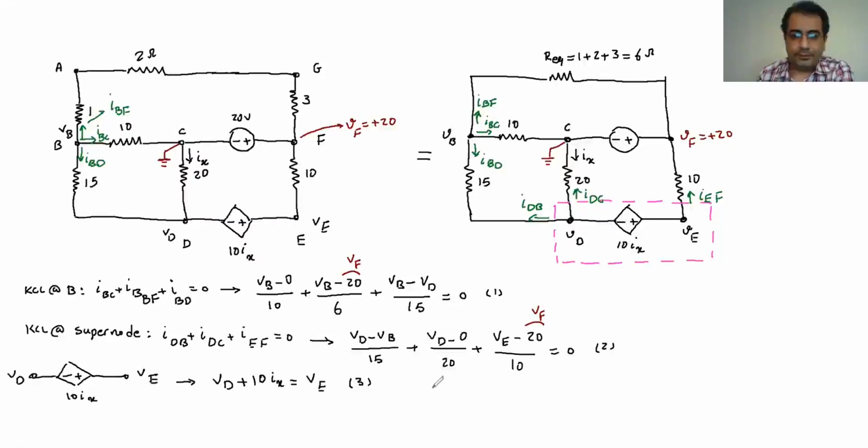So if I draw this C to D, it's going to be C, then it's going to be resistor, then it's going to be D. And we know that it's going to be the VC, which is 0.